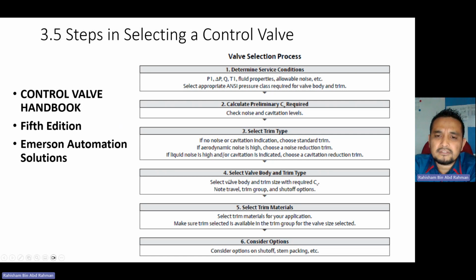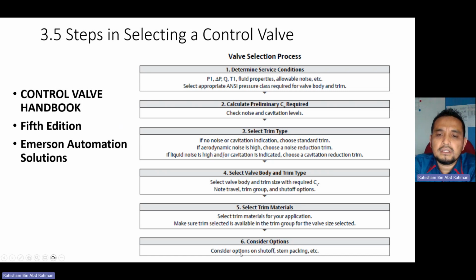And then next we need to choose the valve body and trim type. It depends on the groups. And then we need to choose the material, whether we want to go for brass, copper, aluminium, stainless steel, iron, and many others.